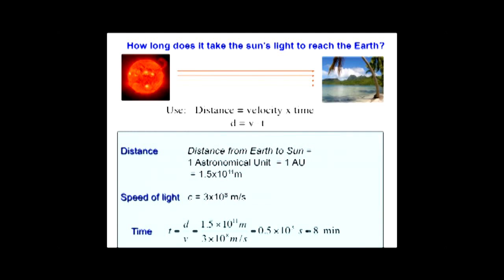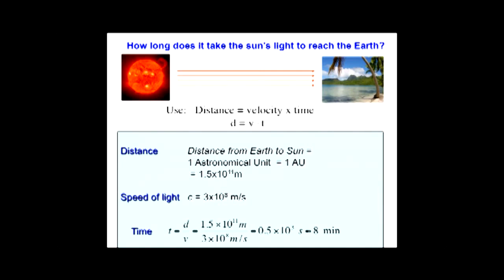All of you should remind yourself of basic algebra where you divide both sides of the equation by velocity. And now time is distance divided by velocity. There's the distance from the Earth to the Sun. There's the speed of light in the denominator. How do you divide these two?